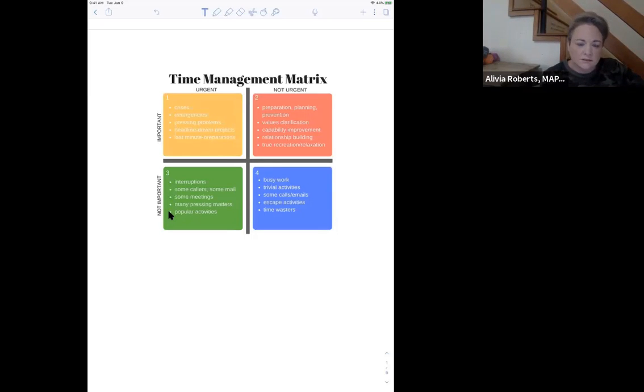Important and urgent. Crisis, emergencies, pressing problems, deadline-driven projects, last-minute preparations. Covey has actually named this box the procrastinator.